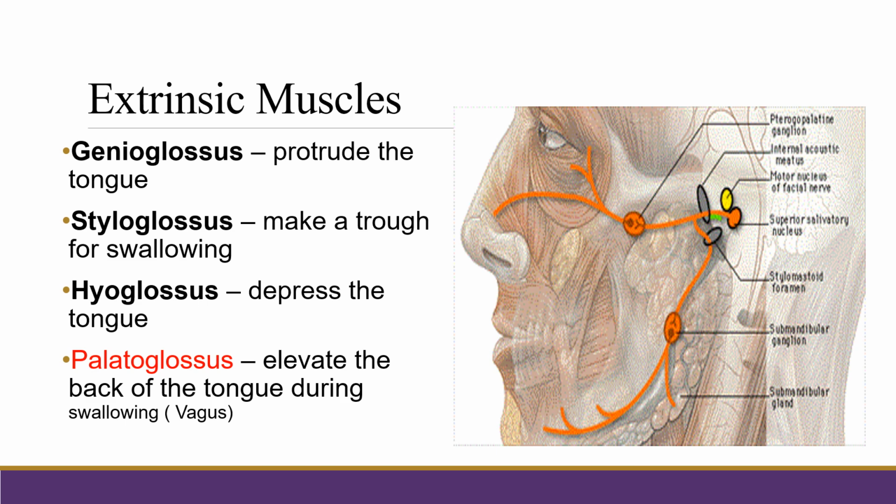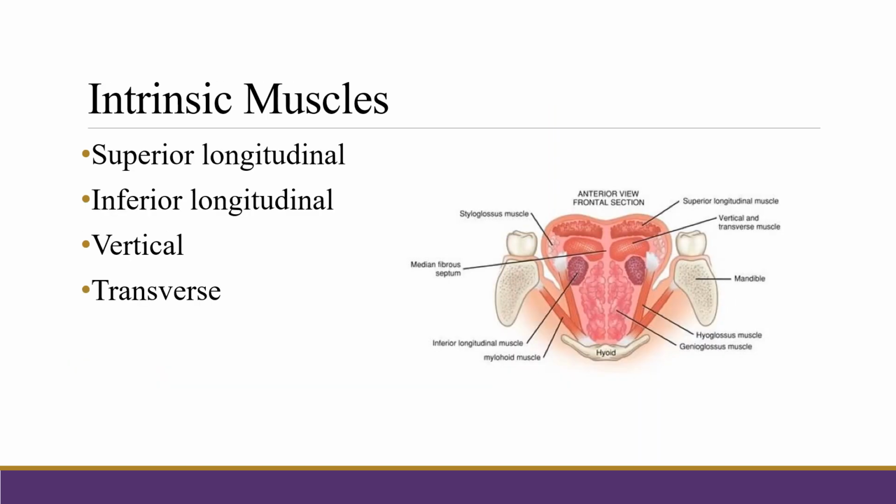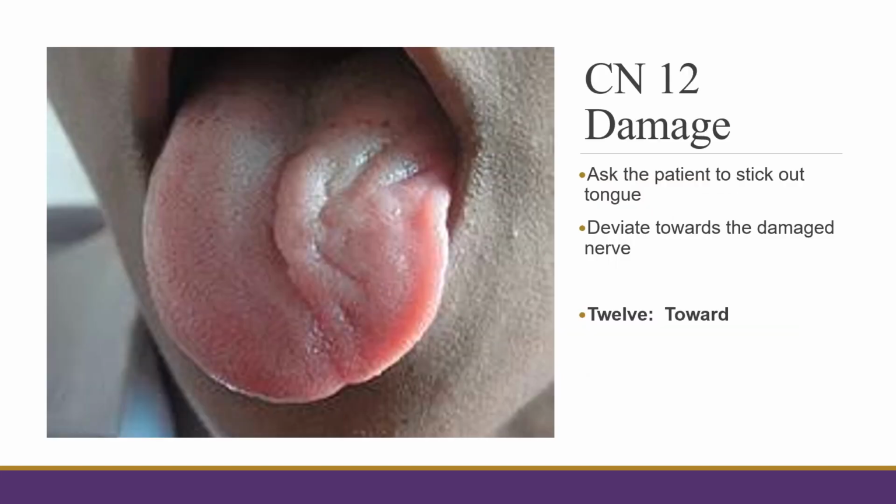So genio protrudes the tongue, styloglossus makes a trough for swallowing, and hyoglossus depresses the tongue. And palatoglossus is going to then elevate the back of the tongue during swallowing, but that's vagus. Intrinsic muscles: superior longitudinal, inferior longitudinal, vertical, and transverse. Real easy that way, they're just directional.